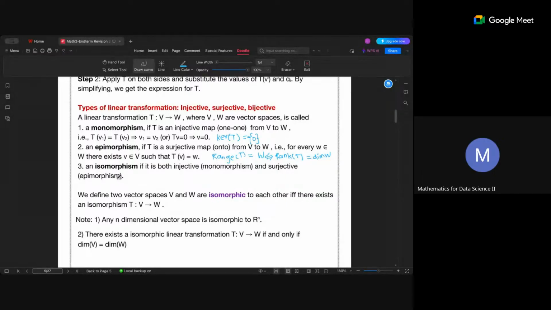And what about isomorphism? Isomorphism means both conditions should be there, both one-to-one and onto. In that case, for isomorphism, you will get dimension of V equal to dimension of W.